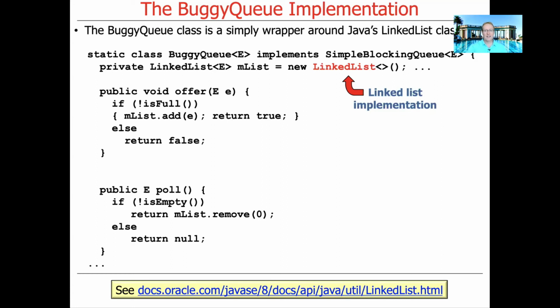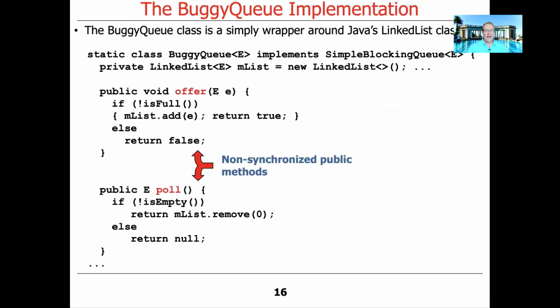We just use a linked list here for kicks. Then we have two methods, offer and poll. Notice that both of these methods are not synchronized. There's no synchronized keyword at the method level, and no synchronized keyword used as part of a statement block inside of the offer or poll methods.